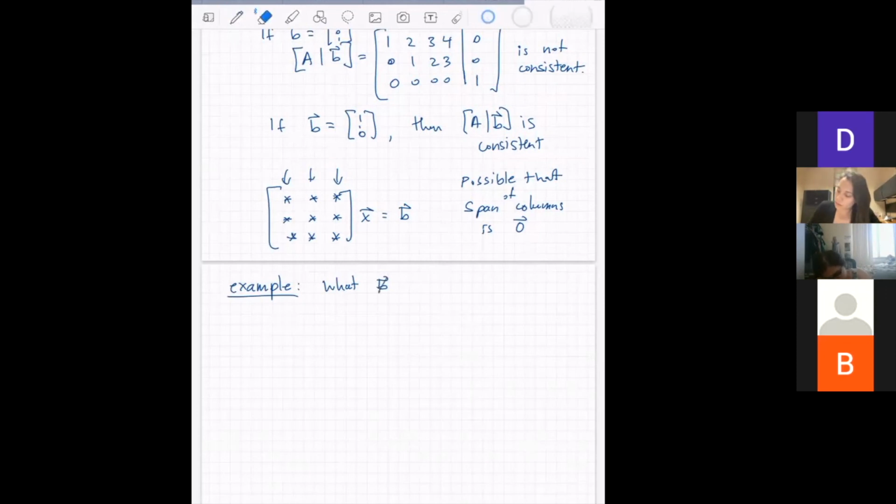So what vectors b are in the span? So I'll write it this way. Are in the span of these two. So we'll have 3, -9, and -1, 3.